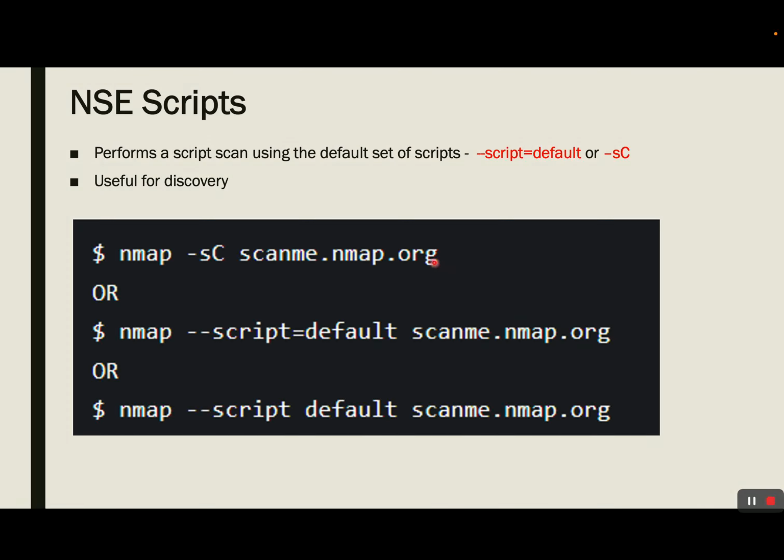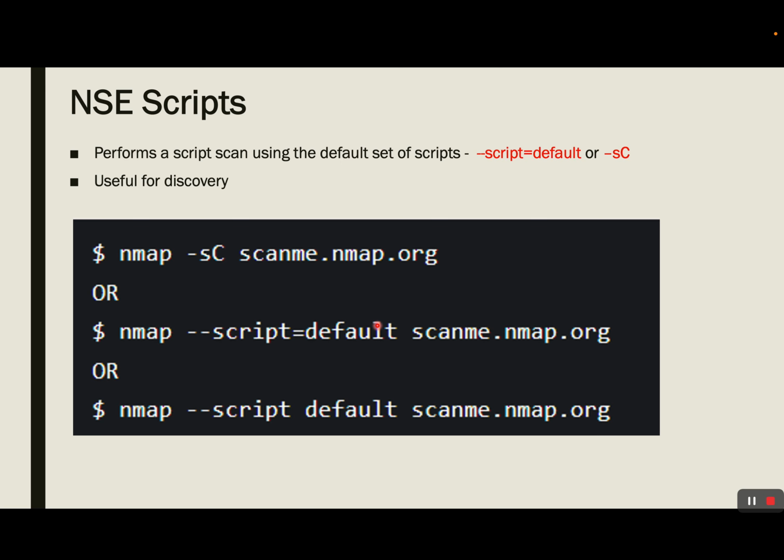Now, to perform a script scan using the default set of scripts, you could use dash dash script equals default or dash sC. This is the Nmap scripting format: you type nmap dash sC, then the domain name or the IP, or you could specify default.